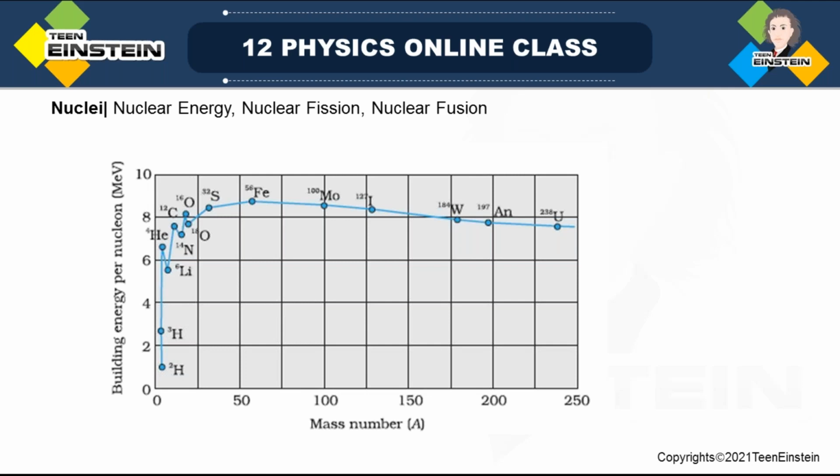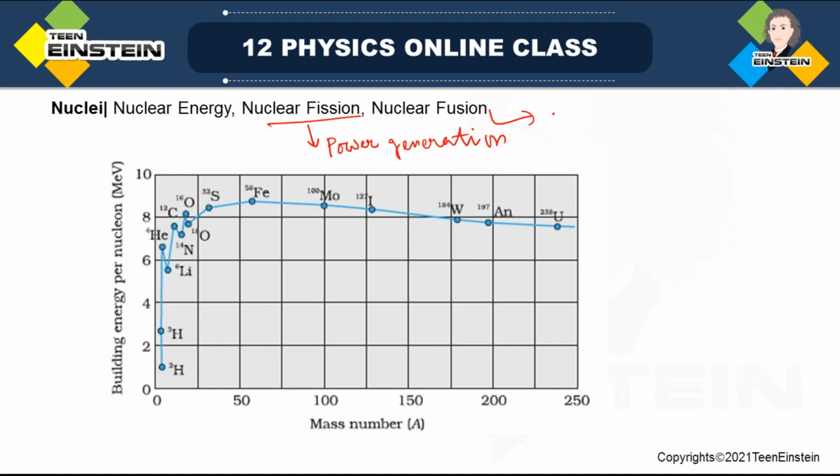One of them, nuclear fission, is very important nowadays for power generation. There are nuclear power plants, and in a nuclear power plant this nuclear fission reaction happens.